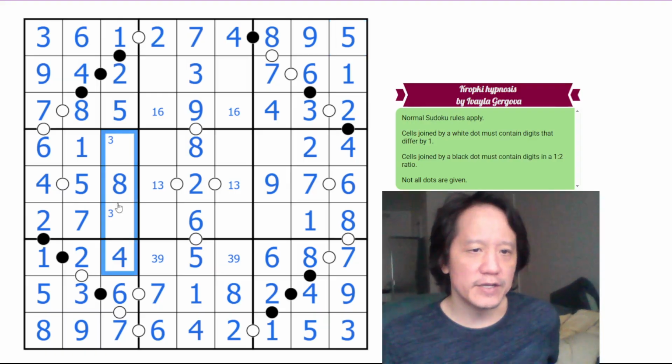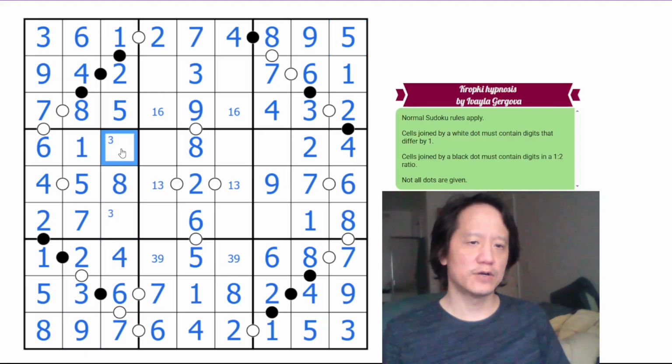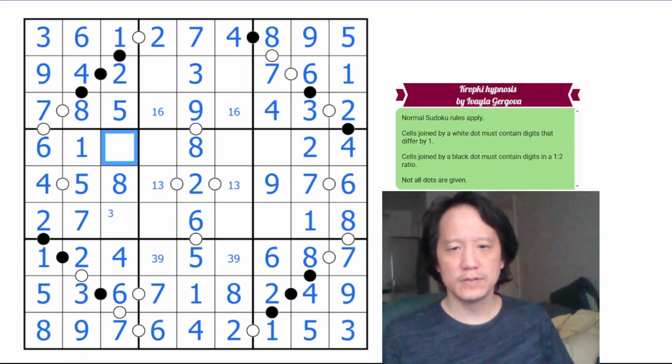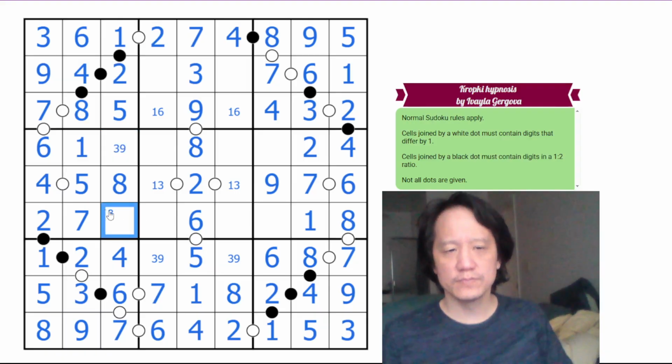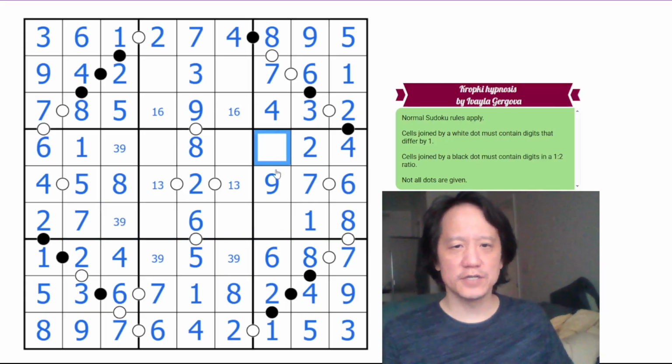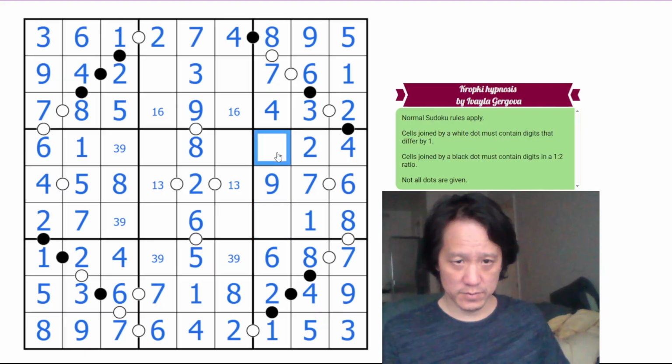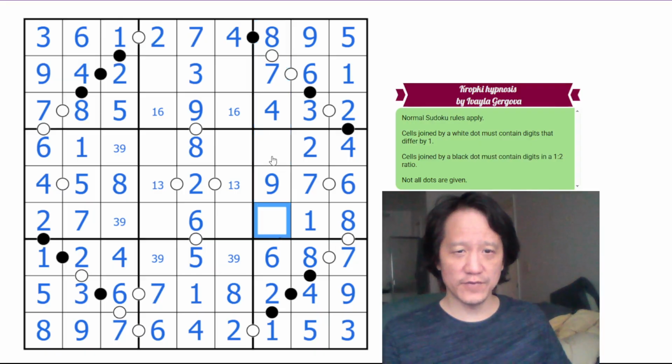Okay, remaining digits in column 3 are 3 and 9. Remaining digits in column 7 are 5 and 3.